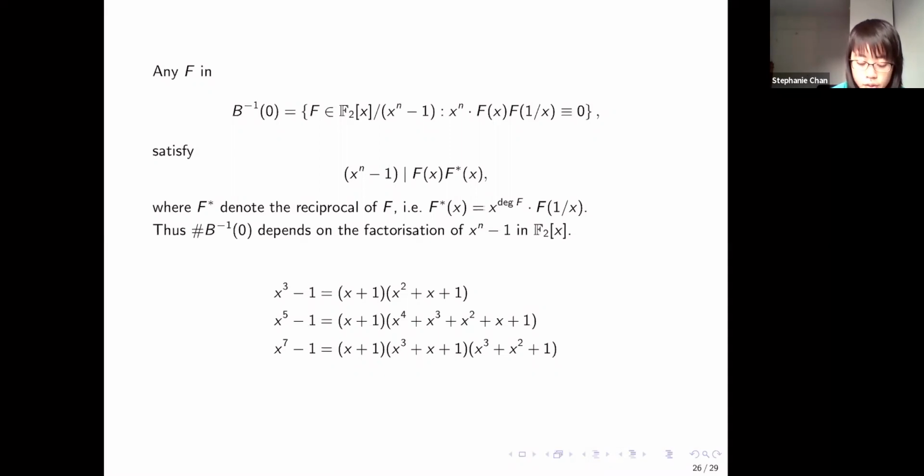Some factors of x^n minus 1 are self-reciprocal, and some are not. x plus 1 is always self-reciprocal. x^2 plus x plus 1 is also self-reciprocal.